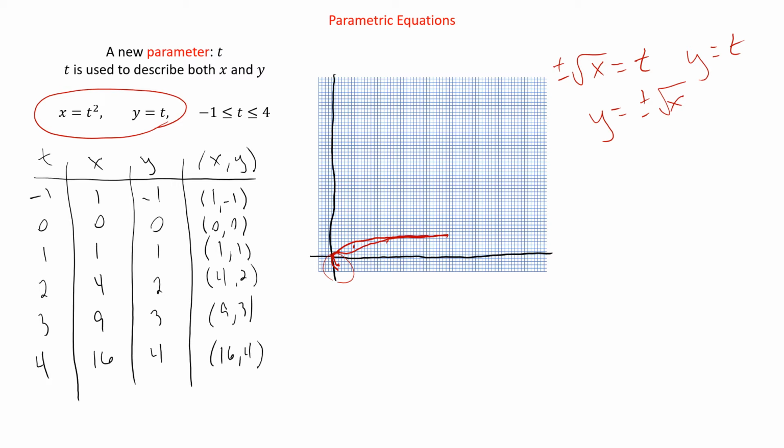But only when x goes from there to there. So we can plug in -1 into t, so we get x equals 1. So from x equals 1, which is less than, we can plug in 4. 4 squared is 16.